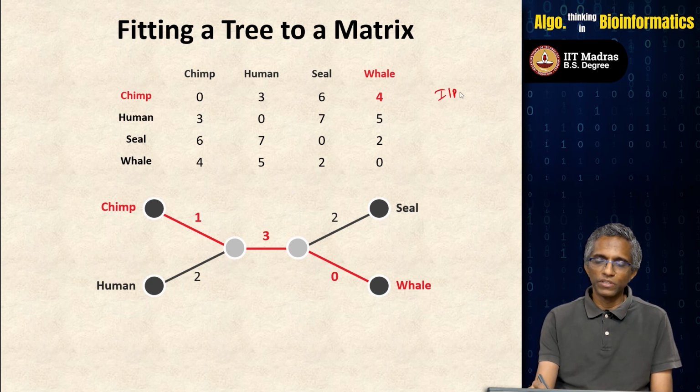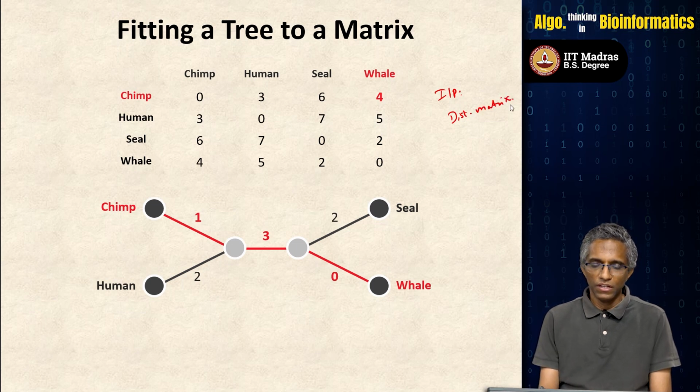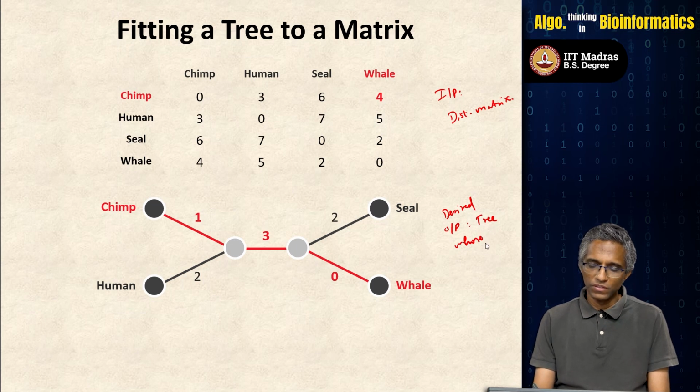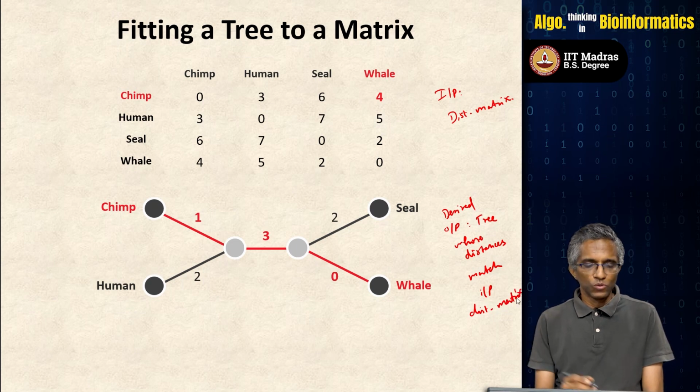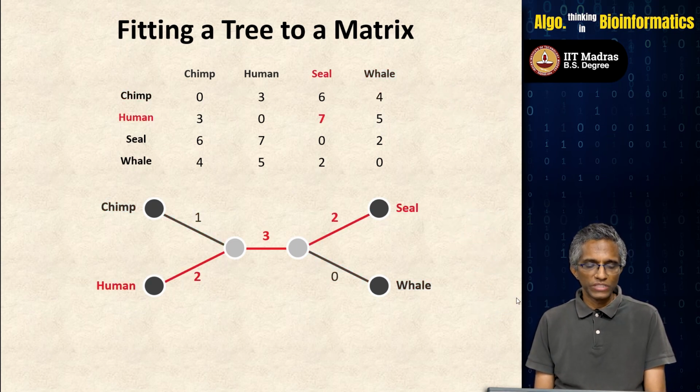So this is the input distance matrix that is coming from the sequence alignment and the sequences, and this is your output or the desired output, which is a tree whose distances match the input distance matrix. Okay. So chimp to whale is also matching, human to seal is 2 plus 3 plus 2, which is 7, so that is also matching.